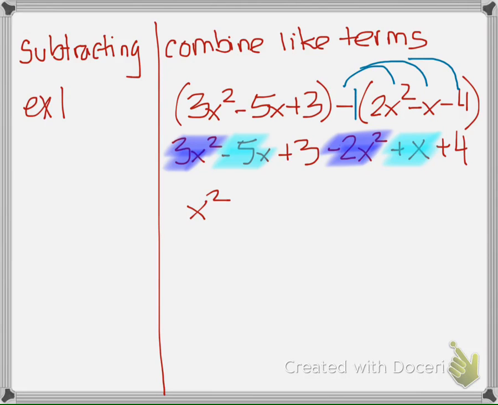Let's combine those, and we have a negative 4x when we do. And last but not least, let's go ahead and combine our whole numbers, our positive 3 and our positive 4, and that gives us positive 7. Okay, go ahead and pause it if you need to continue copying that down, otherwise the notes will continue.